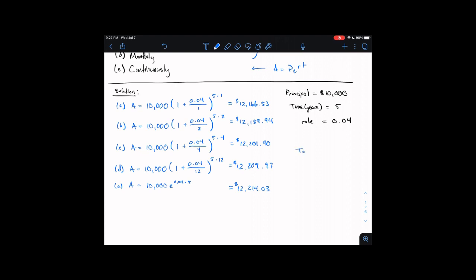So I'm not going to do the math because it's pretty straightforward, but I'll circle this. So to get the interest, we subtract the principal, which is $10,000, from each number.